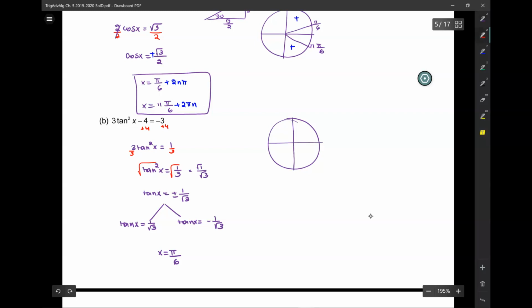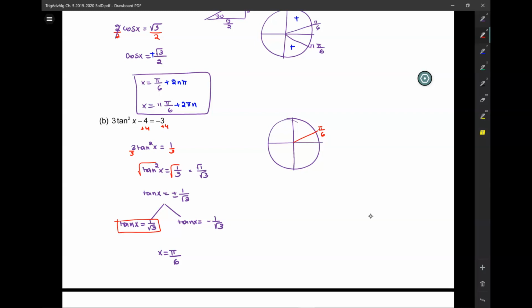Okay, so I said x equals pi over 6, right? That's here. Now, take a look at this one. This tells me tangent is positive 1 over root 3. Is that right? Okay, in which two quadrants is tangent positive?